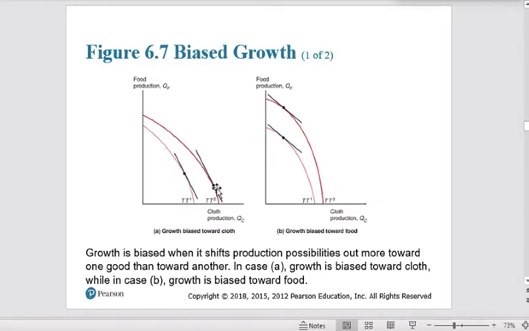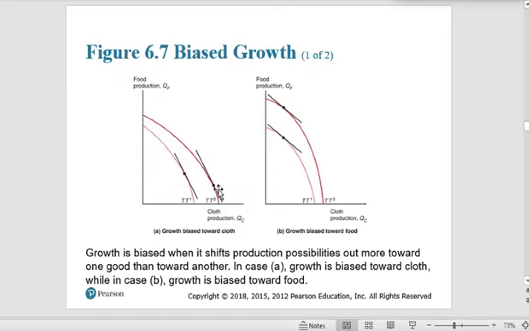And why do we care there's a change in the allocation of production, like the point here? Because when there's a change in the output, there will be a change in the price. Why? Because the price is determined by supply and demand.